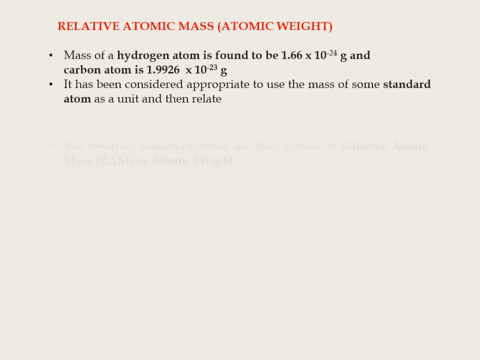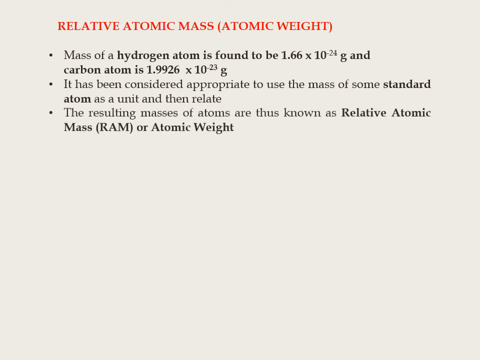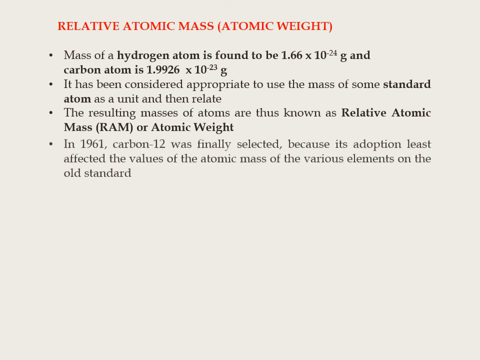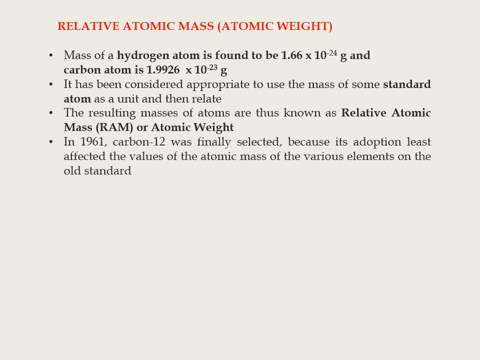The resulting masses of atoms are thus known as relative atomic mass, RAM in short form, or atomic weight. In the beginning, the mass of hydrogen atom, hydrogen being the lightest element, was chosen as a unit, and masses of other atoms were compared with it. In 1961, carbon-12 was finally selected because its adoption least affected the values of atomic mass of various elements on the old standard.